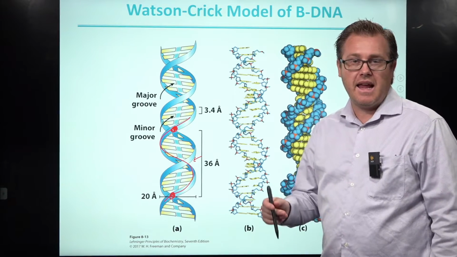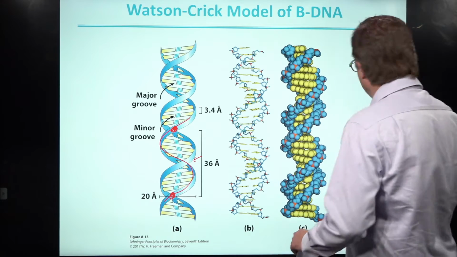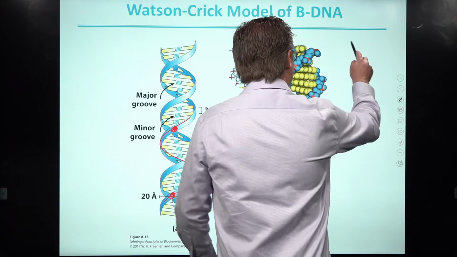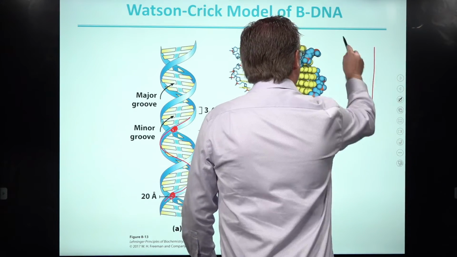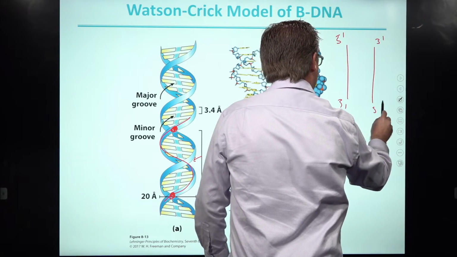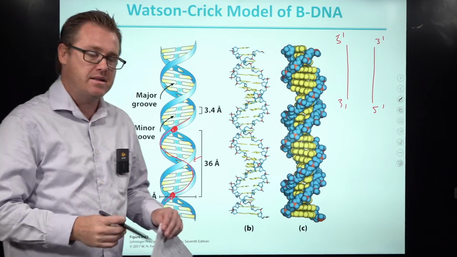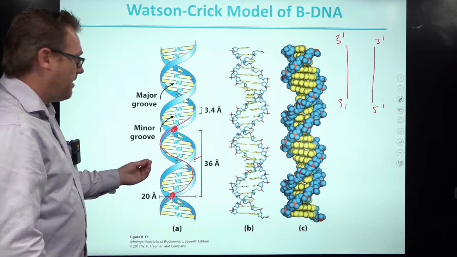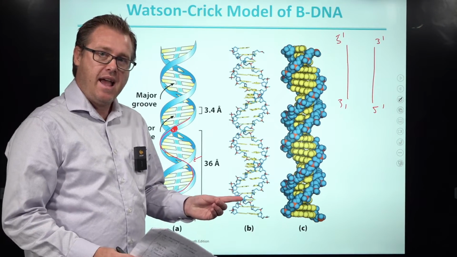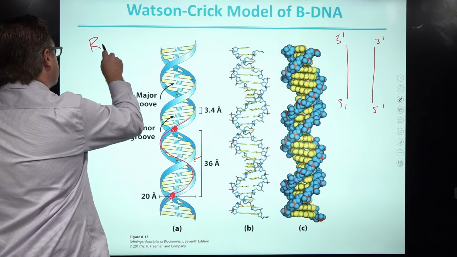Because this is a helix, DNA isn't just like we showed before, where it's just lines like this, 5' to 3'. It's not like that, but it's a double-stranded helix. And this double-stranded helix has orientation to it. It is going to be a right-handed helix.